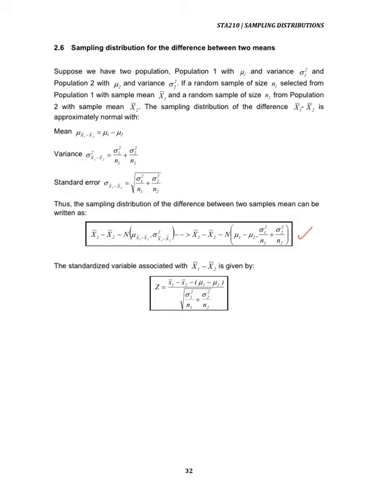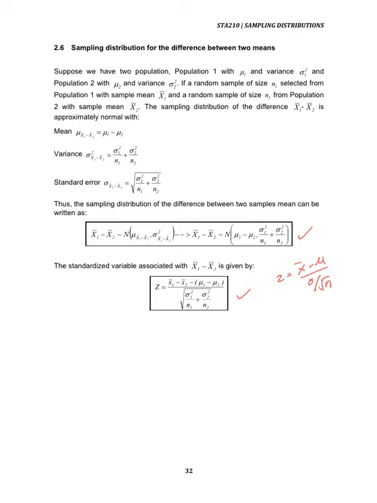Okay, and then the standardized variable associated with x bar 1 minus x bar 2 is given by x bar 1 minus x bar 2 minus mu1 minus mu2, over the square root of sigma 1 square over n1 plus sigma 2 square over n2. Okay, kalau single mean, x bar minus mu over sigma over square root n, right?